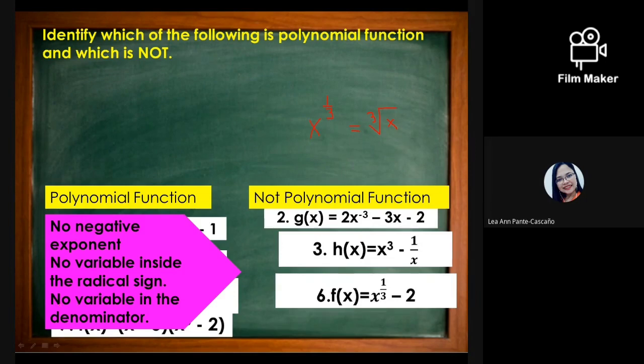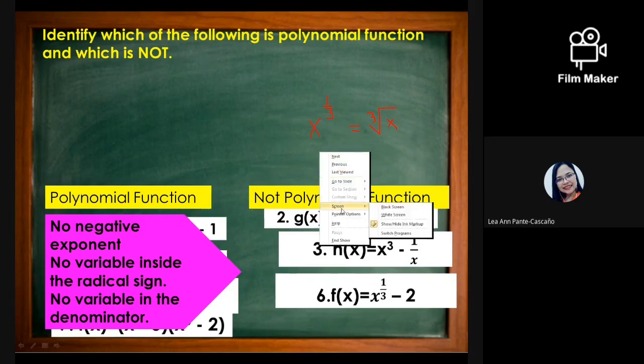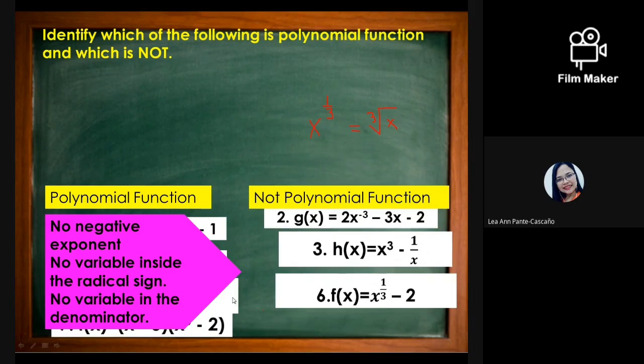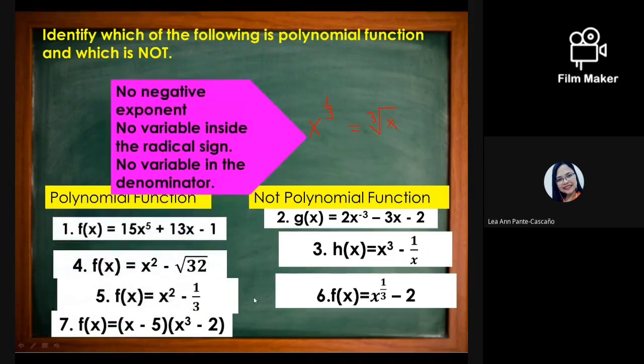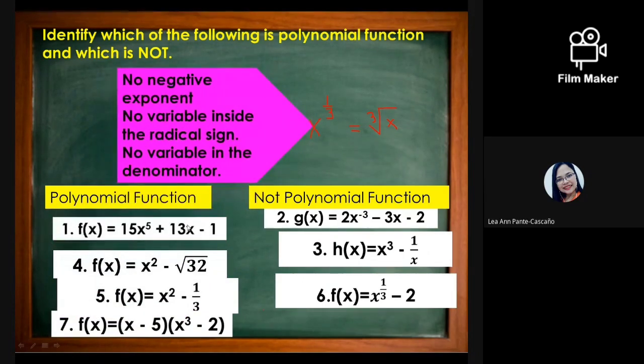Then third, no variable in the denominator. As you can see, we have here x in number 3 in the denominator. So therefore, number 3 is not a polynomial function. So as you can see here, all of the exponent is positive.